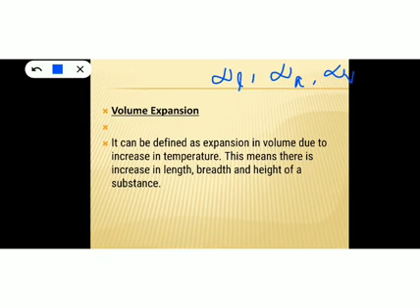There is a relationship between the coefficients of all these types of thermal expansion. The first relationship is alpha A is equal to 2 times alpha L. That means the coefficient of area expansion is equal to 2 times the coefficient of linear expansion. So let's prove this relation.